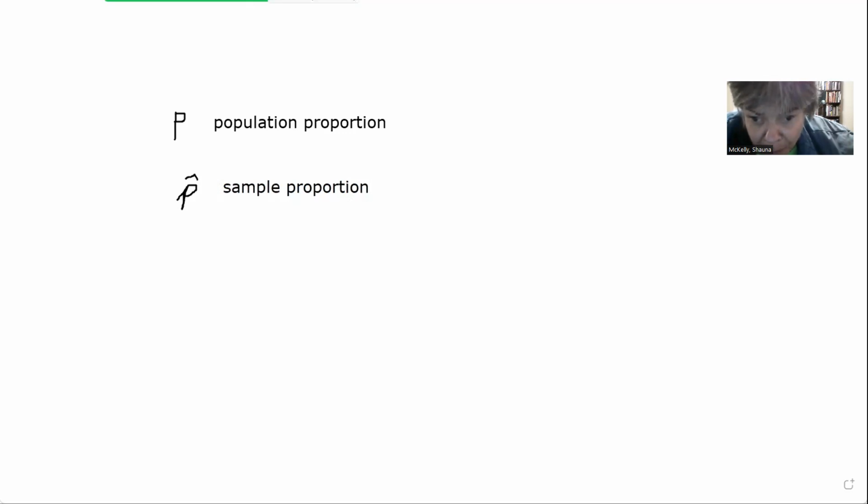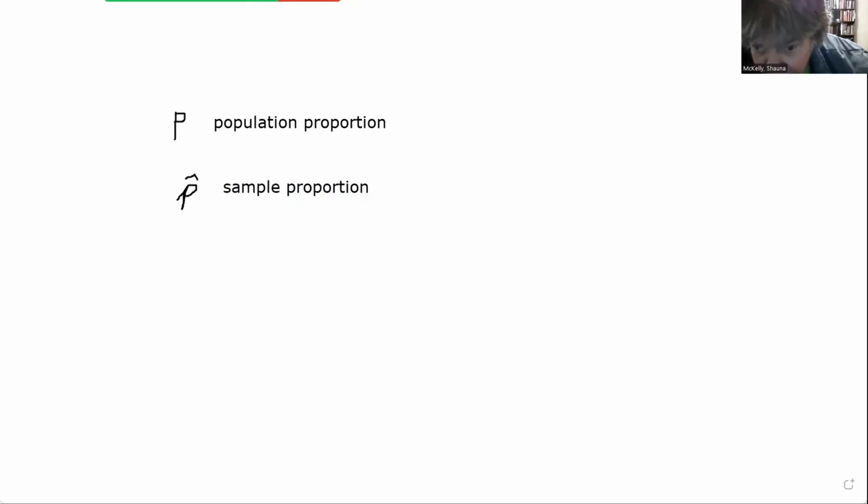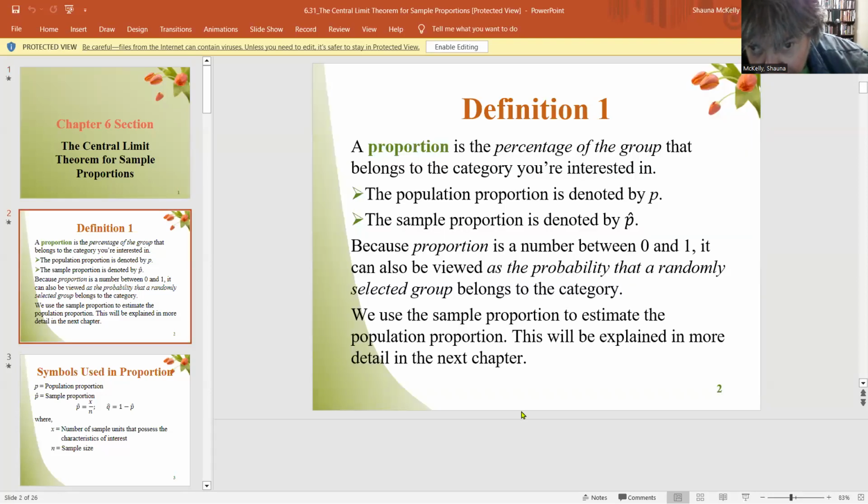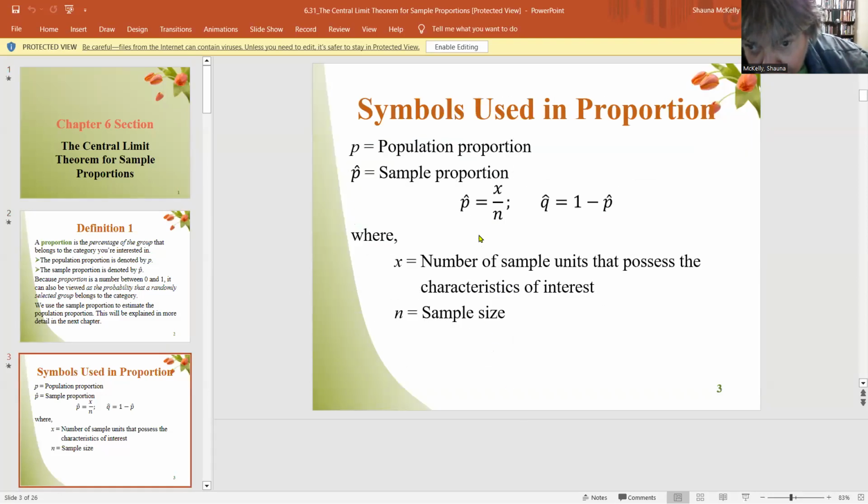The sample proportion, there's a couple of ways that they can give it to us. So let me take you to the slides and show you this. Sometimes they give you a certain number out of the group, like 10 people out of 30. In that case, X is the number of sample units.